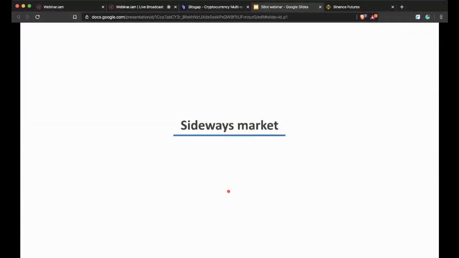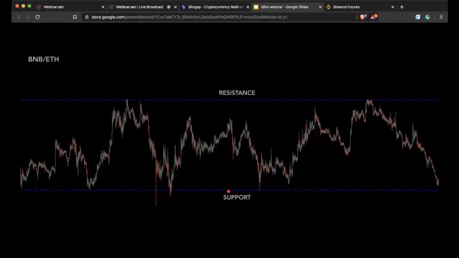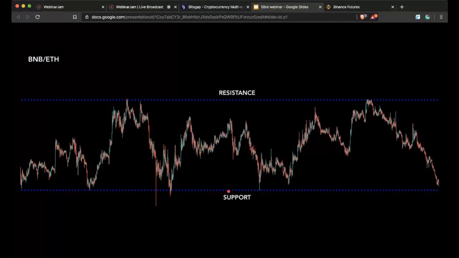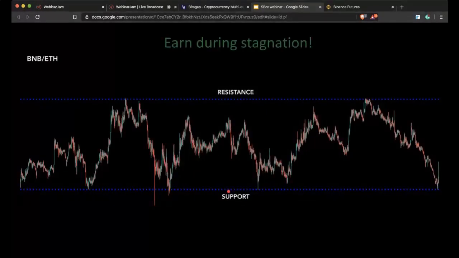What about the sideways market? The sideways market is also the optimal scenario for the automated trading system, for the SBot, for the Classic Bot, for Scalper, as it makes you profit while the price of the base currency remains in the sideways market. What is the sideways market? The sideways market is basically the stagnation.